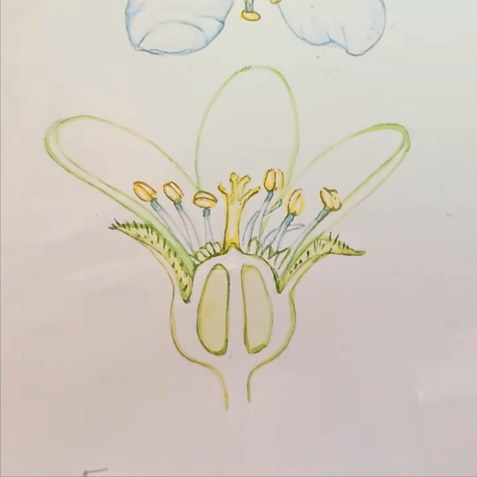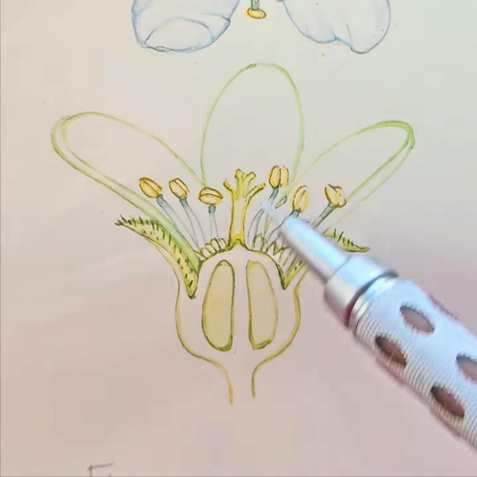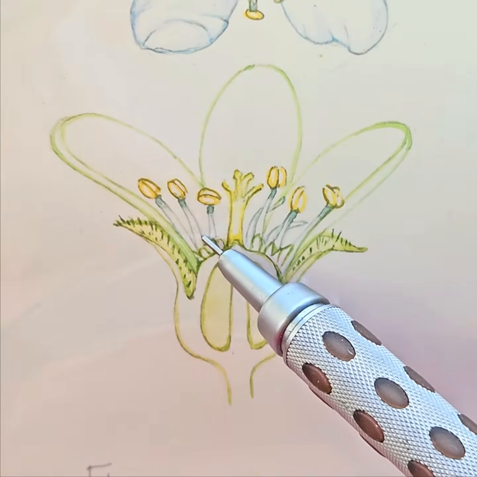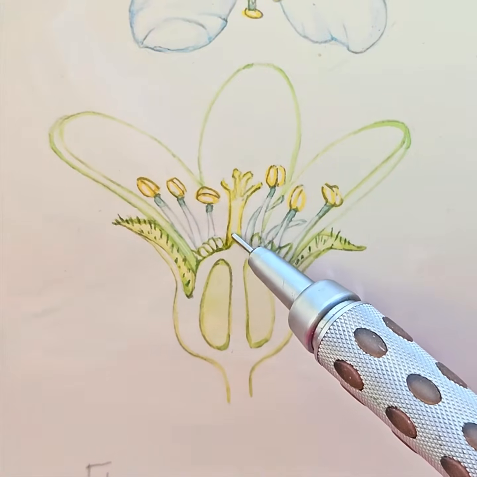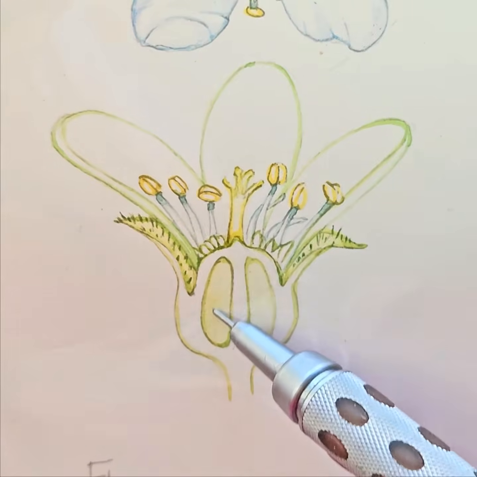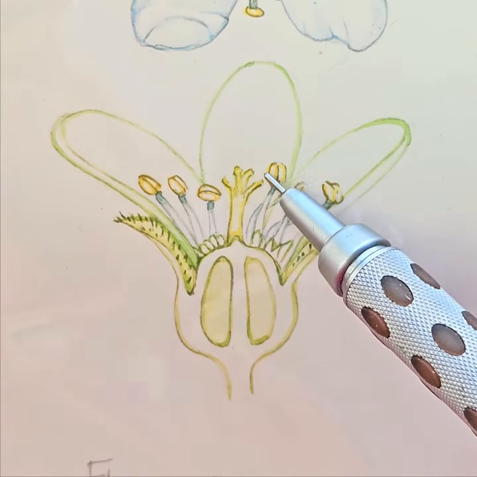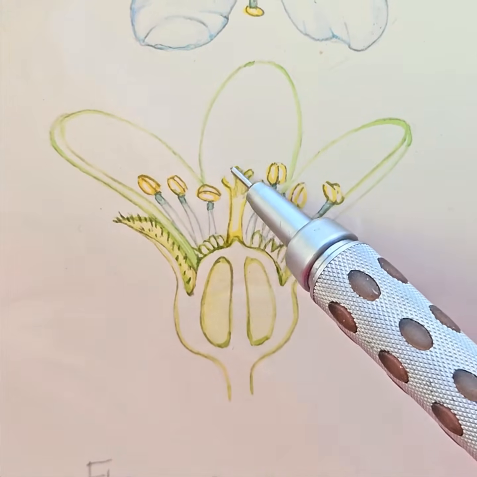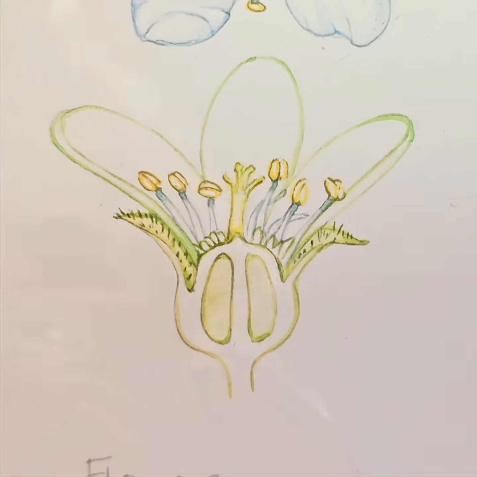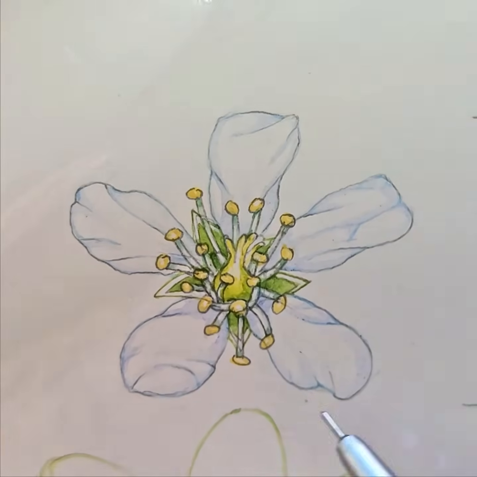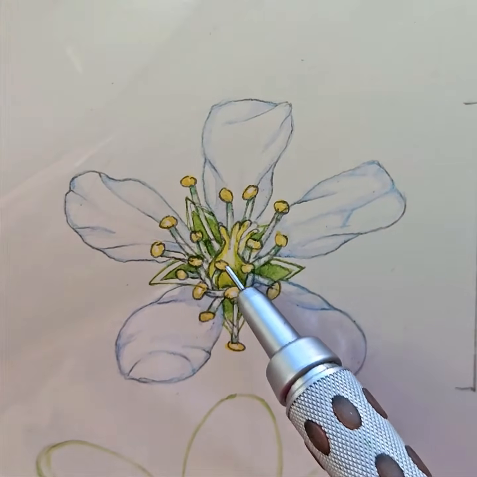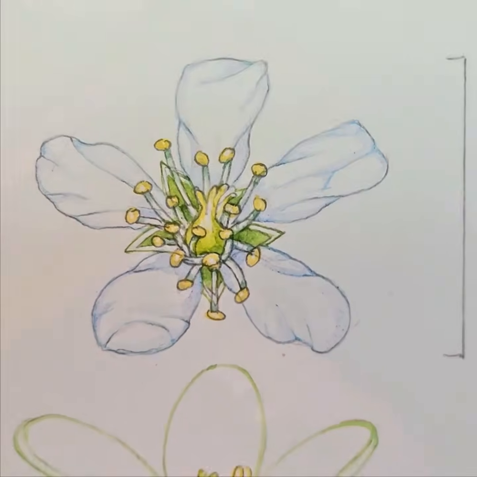Again, here's a cross section of a bridewort. Petals, sepals, stamen, ovules, and there we have the style with the stigma above. You can see in the illustration of the lone flower the same thing.